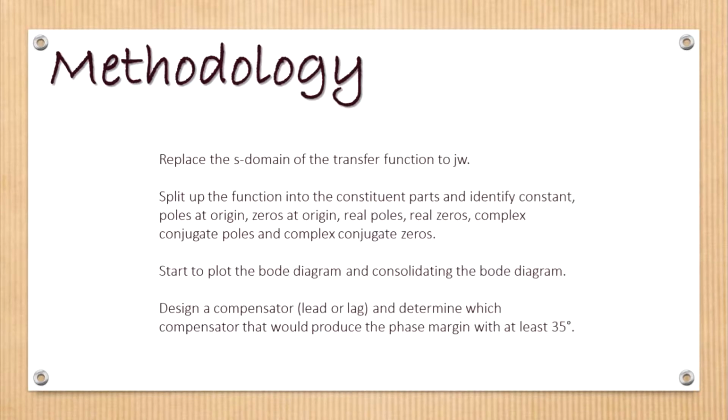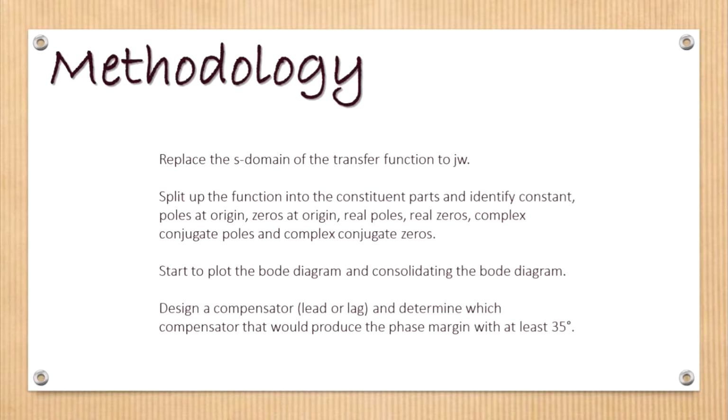For the methodology part, initially replace the s-domain of the transfer function with j omega. Then, split up the function into the constituent parts and identify constant, poles at origin, zeros at origin, real poles, real zeros, complex conjugate poles, and complex conjugate zeros.